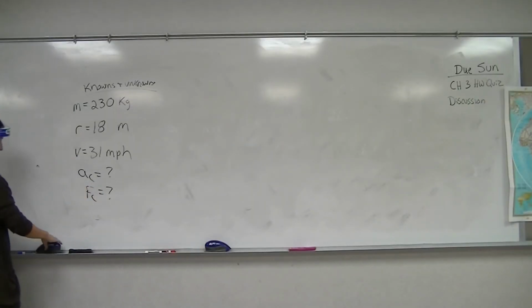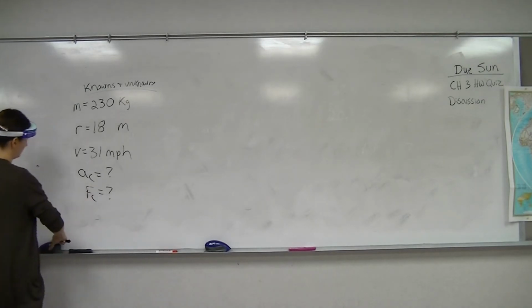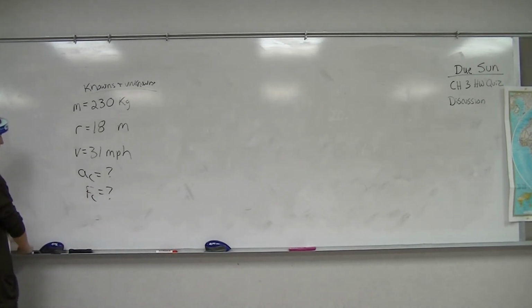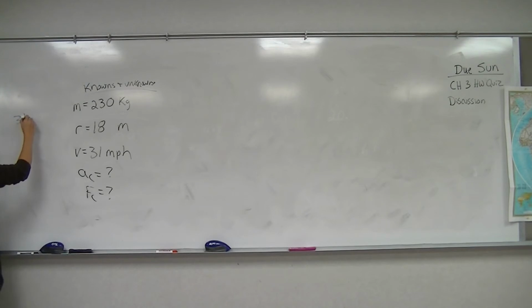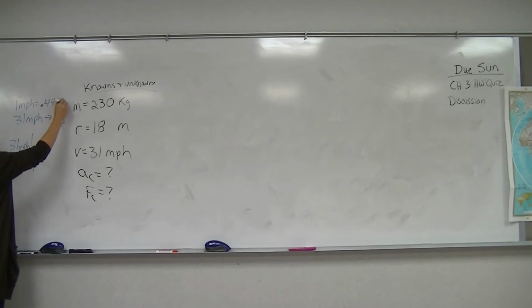So, first step, off to the side over here, I'm going to take my 31 miles per hour and convert it to meters per second. So we do that the same way we did last time, starting with the 31 miles per hour. Remember that conversion factor, you'll have it memorized by the end of this semester. 1 mile per hour is equal to 0.447 meters per second.